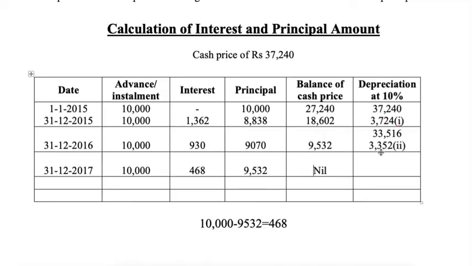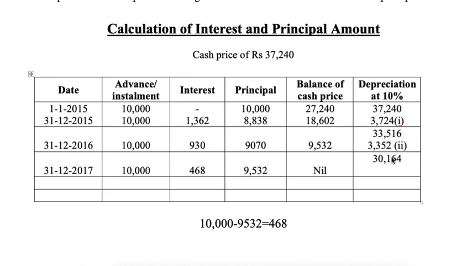Now we have depreciated it at 10% in the second year, and we have got the depreciation value of 3,352 rupees. Now if we find the value of the asset at the end of the year 2016, it will be 33,516 minus 3,352, and the value is 30,164, right?